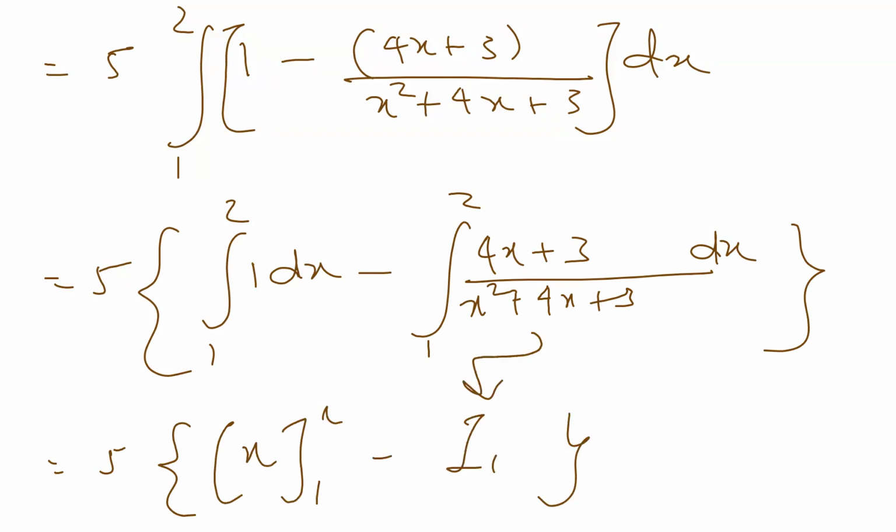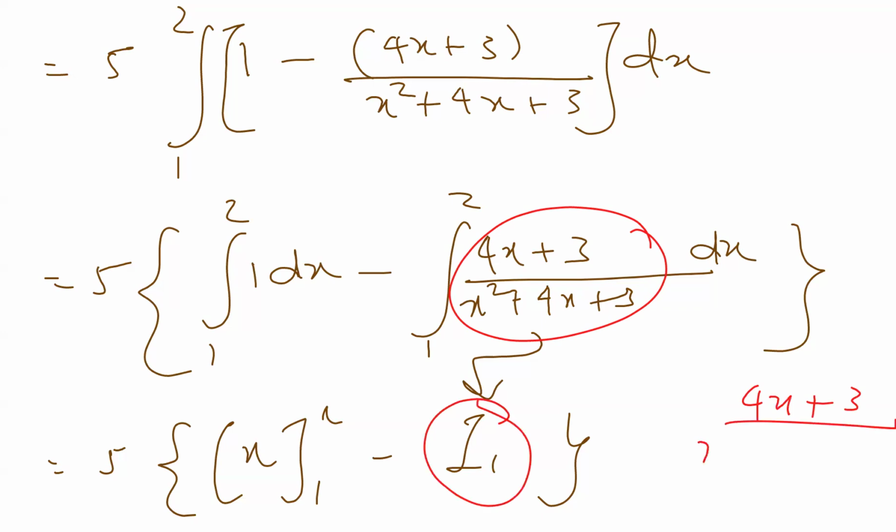Now this can be solved using two different ways. This part can be linear upon quadratic, that is numerator is equal to a d by dx of denominator plus b, or we can also factorize the denominator. So it will be 4x plus 3 upon, I am speaking of I1, x plus 1, x plus 3.